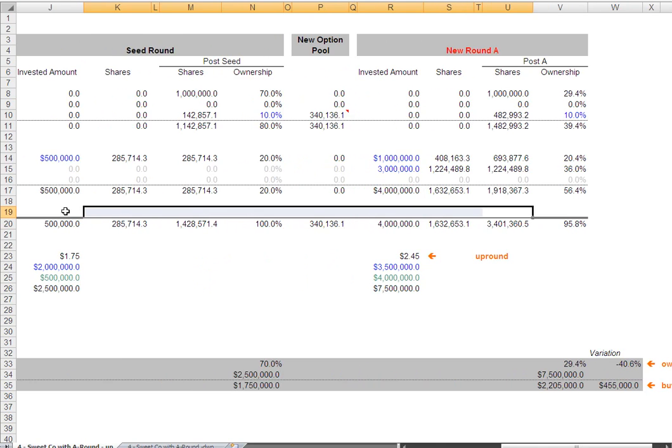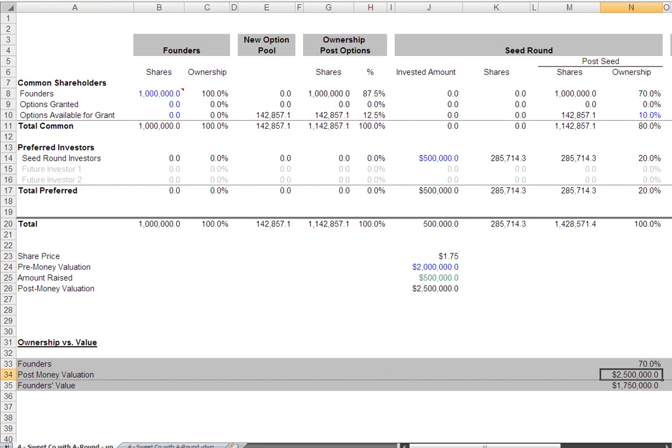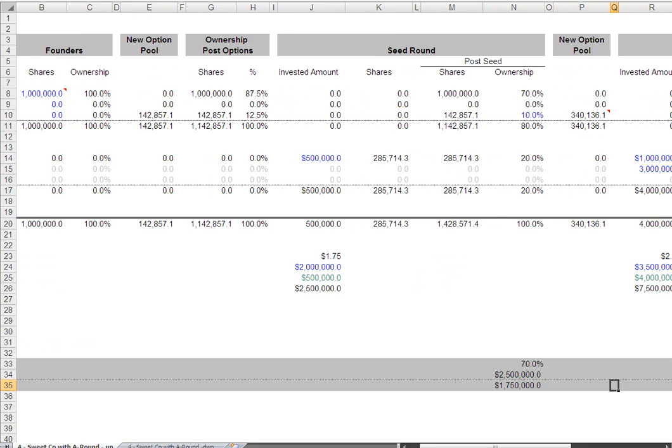But let's think about this in terms of value created. Although the entrepreneur owns less and less of the company, the value of the amount that he still maintains has gone up. In this case, he owns 70% at a $2.5 million post-money valuation, which means that the founders have $1.75 million of value.